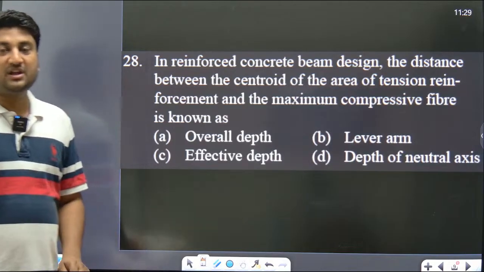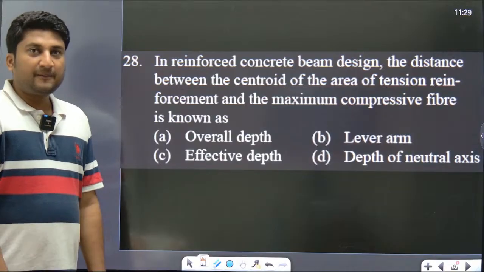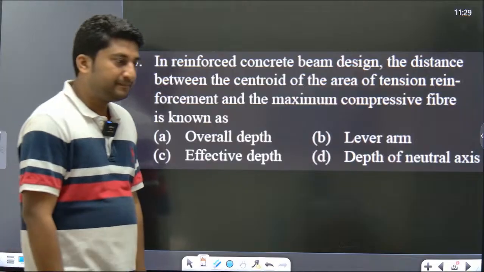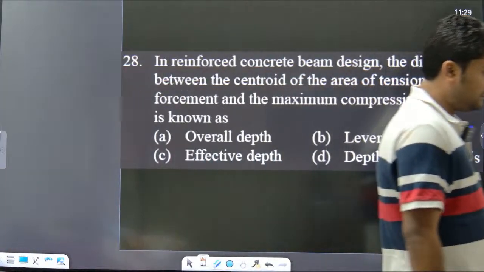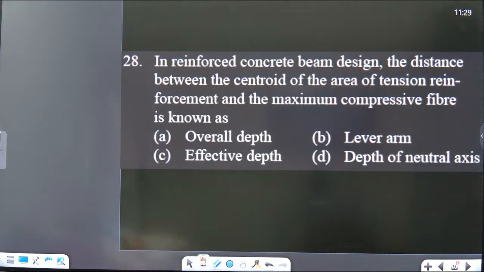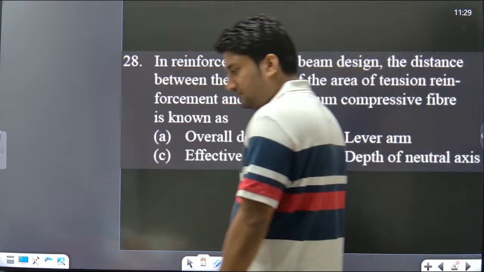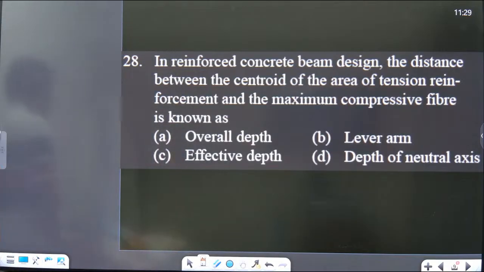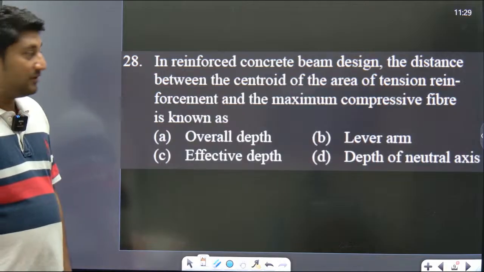This is a very good question. Please answer it very carefully.